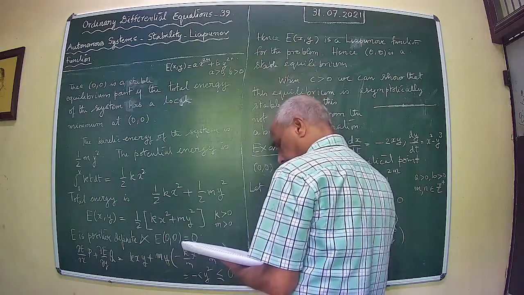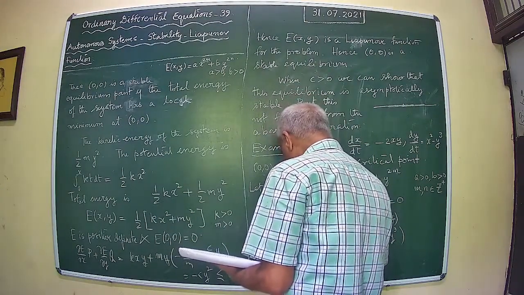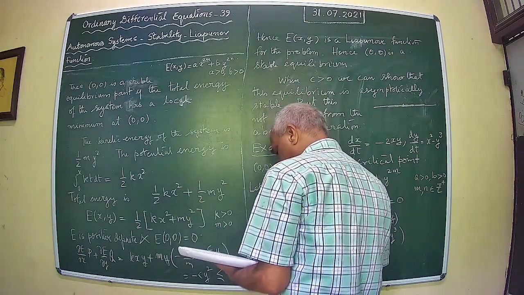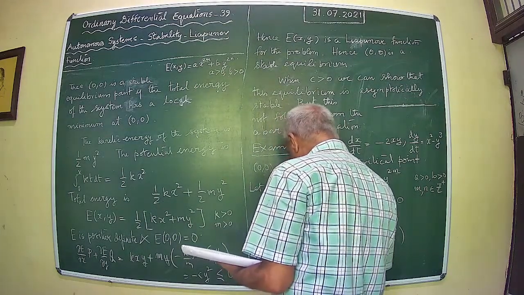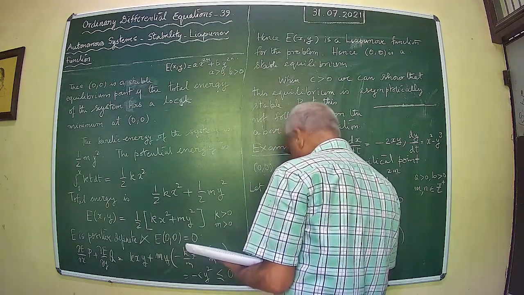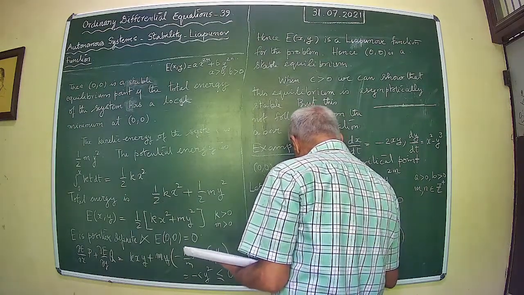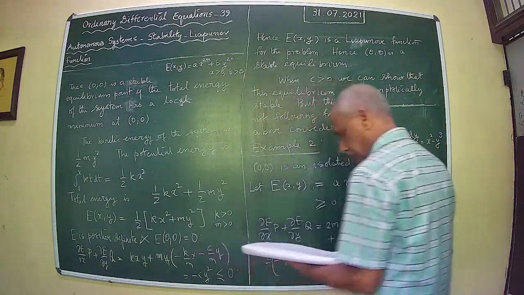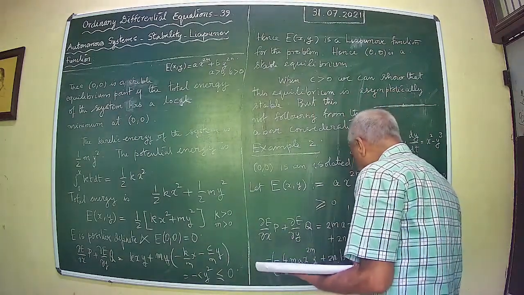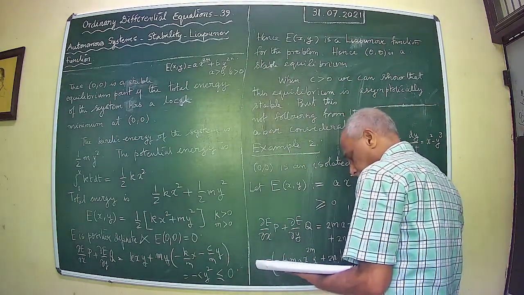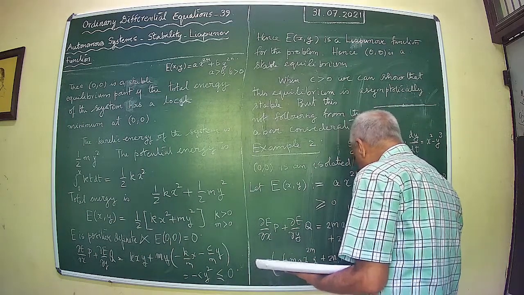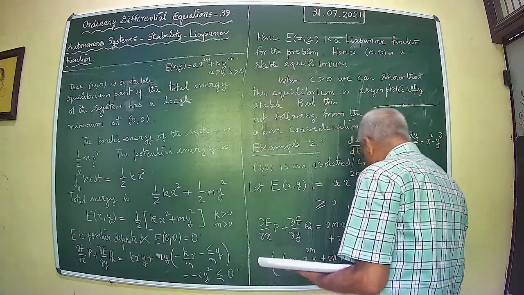Take this way, 4m a x to the power 2m y plus 2n b x square y to the power 2n minus 1.